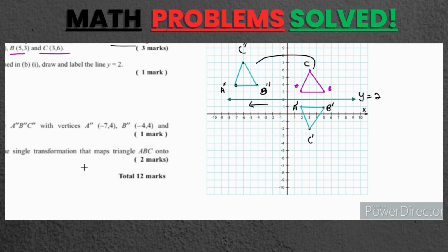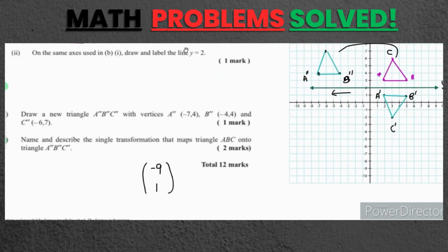It has been moved 9 points to the left and just 1 point up, right? So it's just a translation. The transformation is a translation by the vector (-9, 1), that is -9 on the x-axis and 1 on the y-axis.